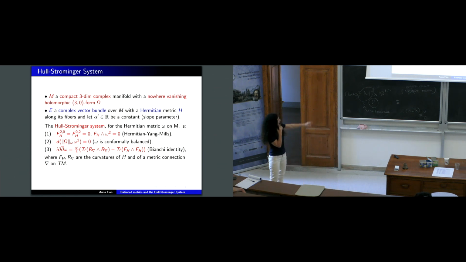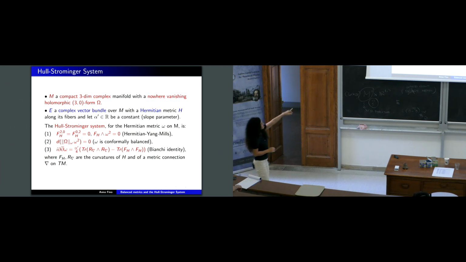The second condition is essentially that if you multiply omega wedge omega by the norm of the (3,0)-form with respect to omega, this is closed. So it means with a conformal change, you get a balanced metric.